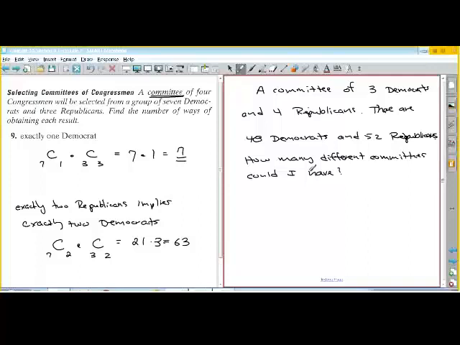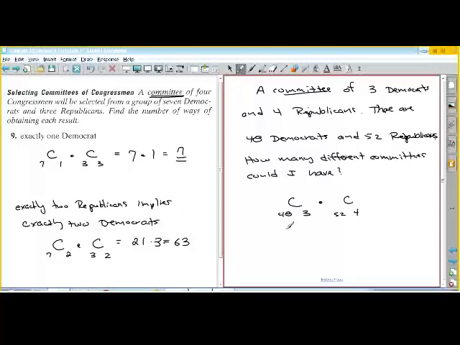I know to find the number of subsets for each step, and then I multiply the 2 numbers together. So you would take 48 Democrats, taken 3 at a time. I'm using combinations because it's a committee. Then you have 52 Republicans, taken 4 at a time.